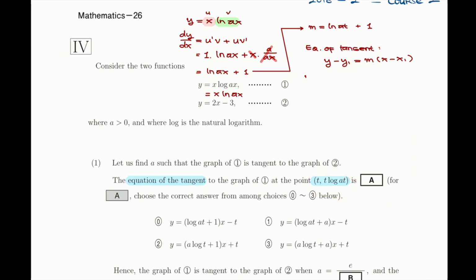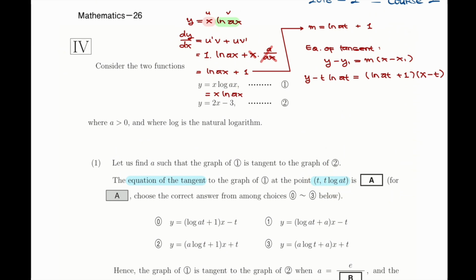So we obtain y minus y1, where y1 is t ln at, equals m, which is ln at plus 1, times x minus x1. Our x1 is t.